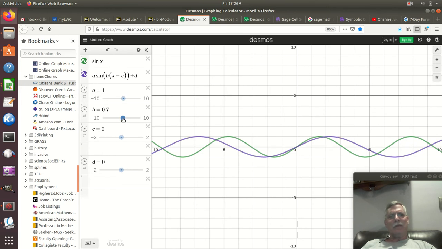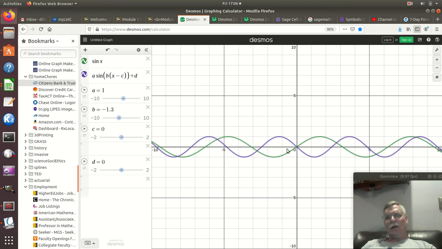Now, if I take it to a negative, what happens is it does the same sort of either stretching or compressing. If it's bigger than 1 in absolute value, then it pushed it together. But notice that it also made its reflection across the y-axis.